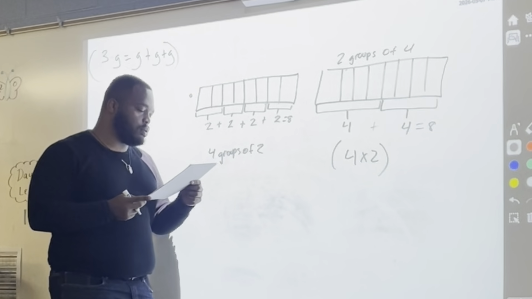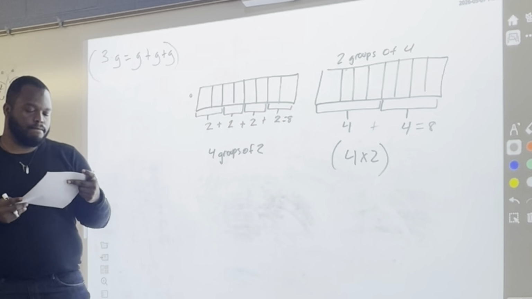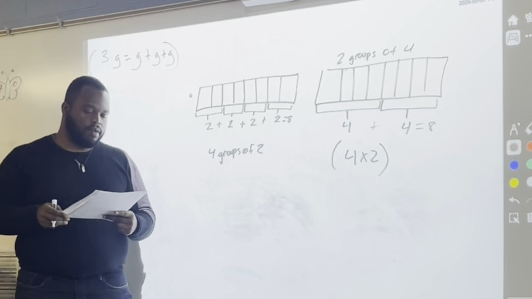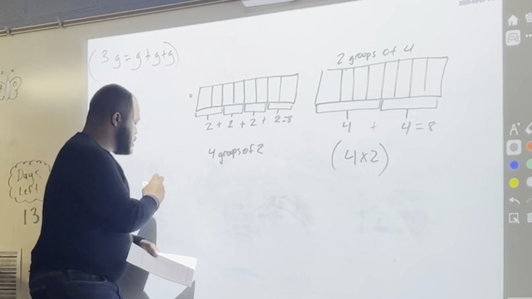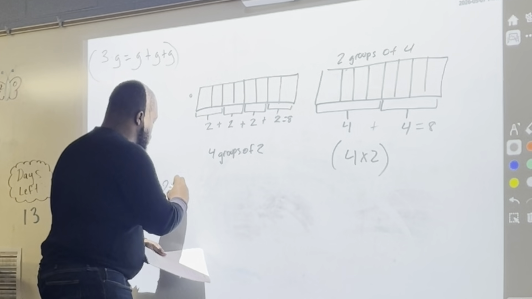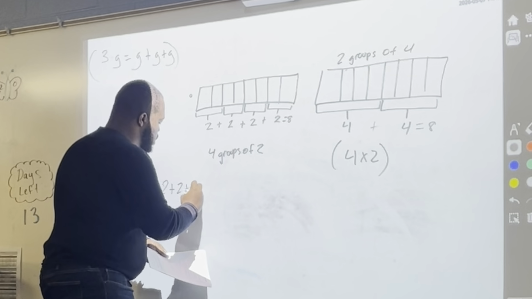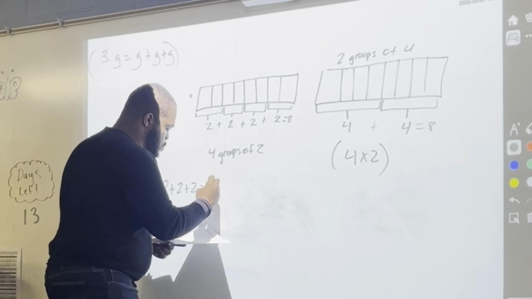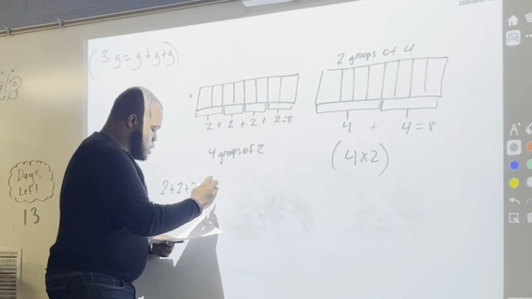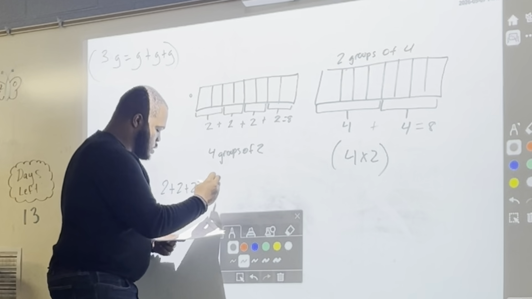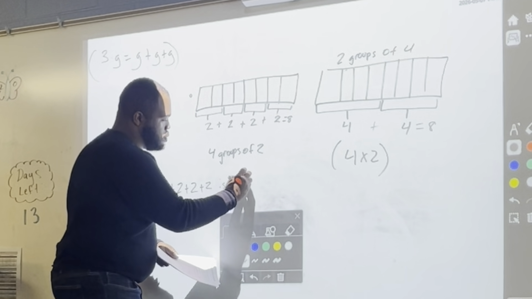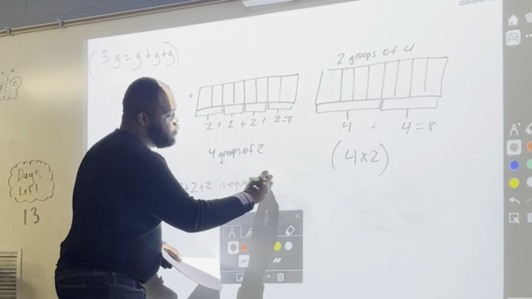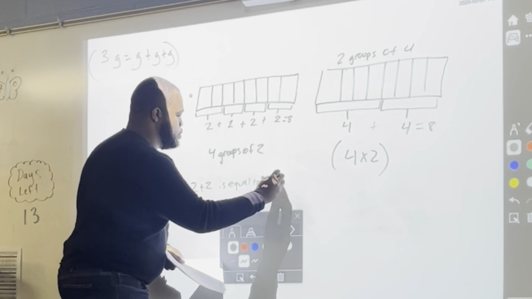That is correct. They have the same value. So therefore, we could say 2 plus 2 plus 2 plus 2 is equal to 4 times 2.